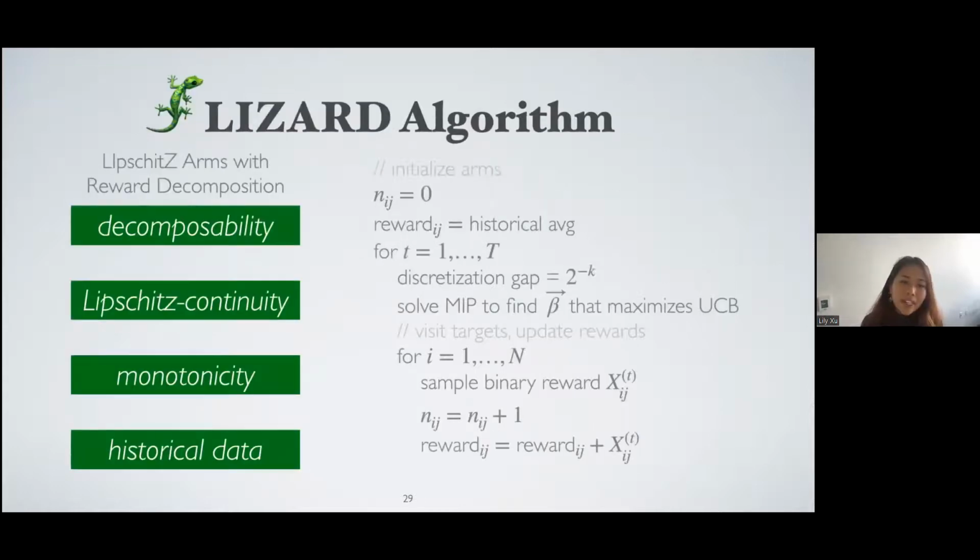So all of this combined, we call the LIZARD algorithm for multi-armed bandits, where LIZARD stands for Lipschitz arms with reward decomposition, and it is a new bandit approach that is really inspired and driven by the challenges that we face in the wildlife conservation setting. That also gives us a nice broad generalization to other bandit algorithms more broadly.